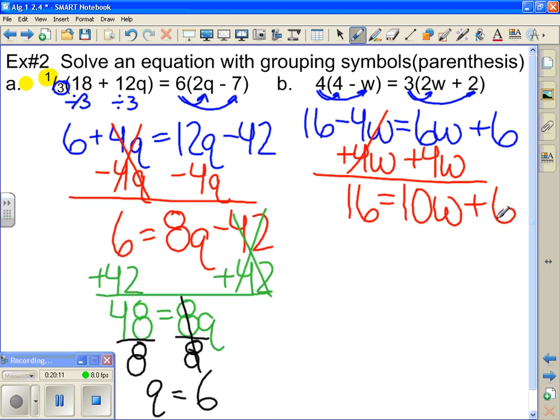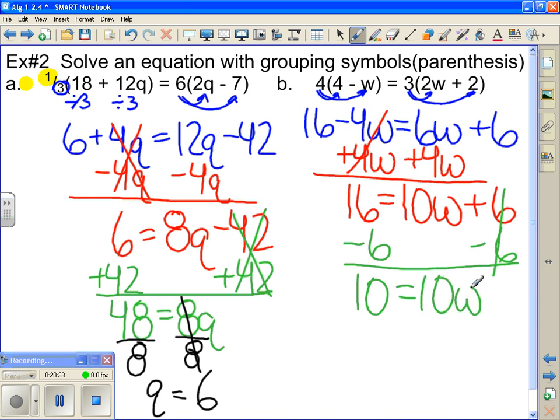Now we're looking for that constant. It's the number 6. That's right. And how do you eliminate plus 6? With a minus 6. Good. 16 minus 6 makes 10 equals 10W, and then you just got one thing left.